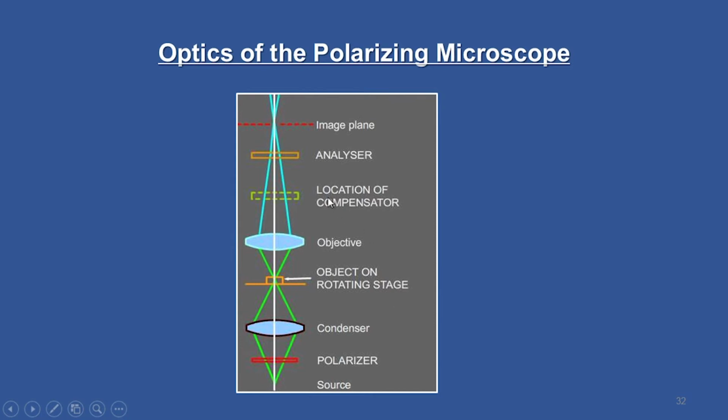So, this is the optical scheme for the polarizing microscope. You have a light source and a polarizer. It could be whatever we have just mentioned in the slide, any material which can do this polarizing job.